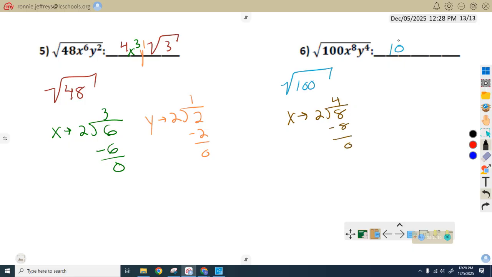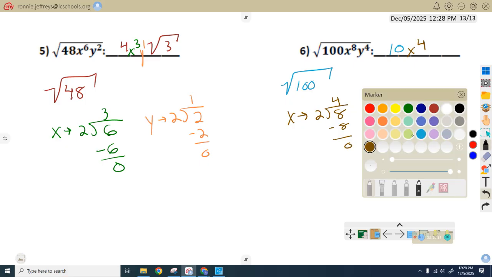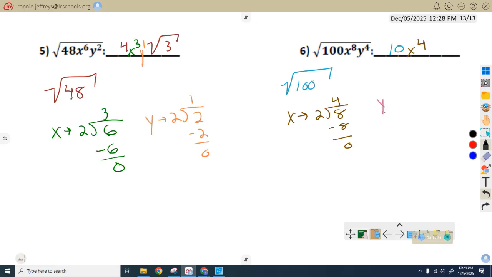The remainder is 0. And with our y, how many times will 2 go into 4? So this is y squared.